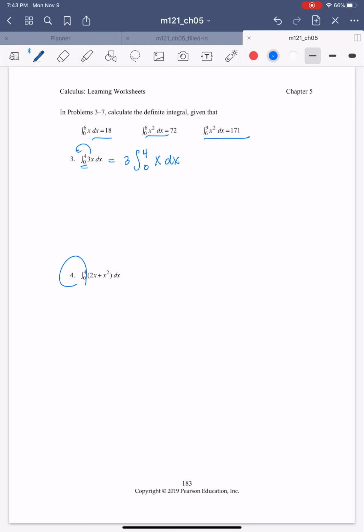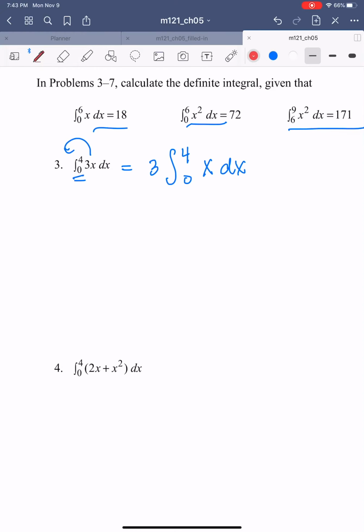I'm sorry, there's a typo on my notes. Sorry for the typo. Let me fix the typos. These are supposed to be going all the way up to 6. Here.